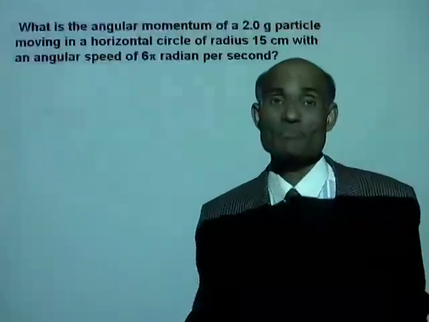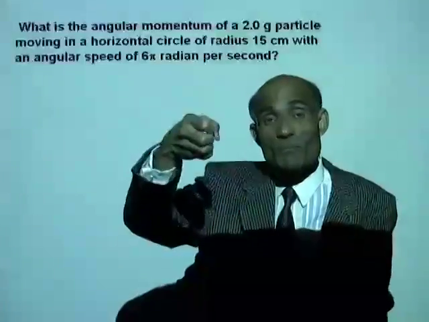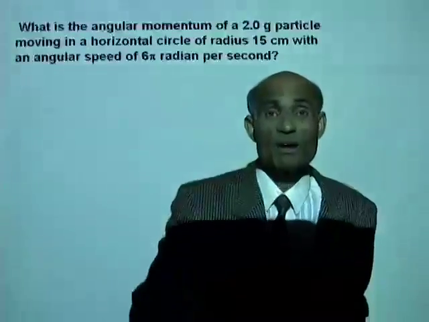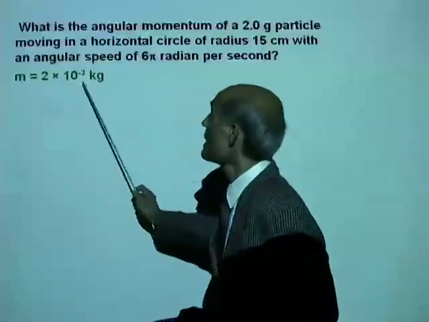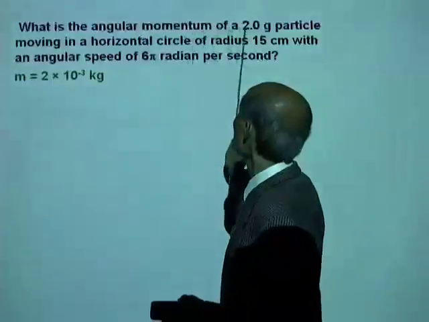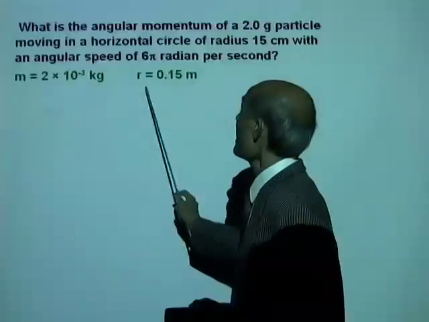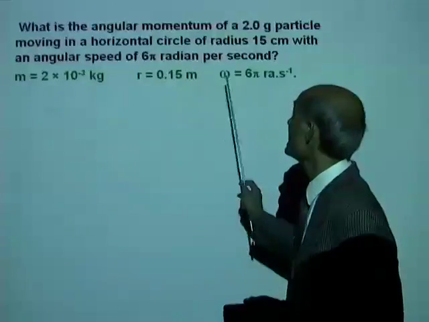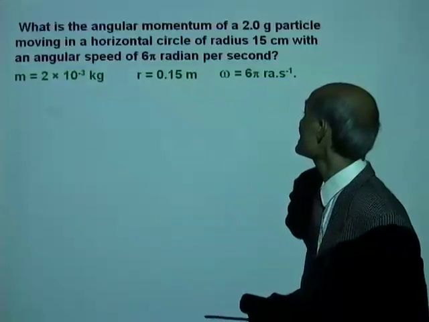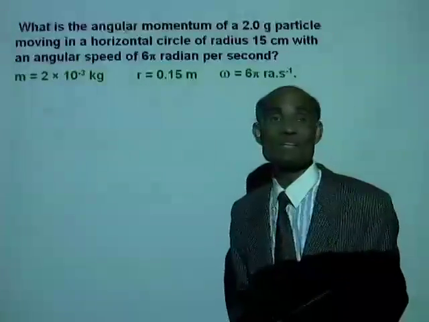Angular momentum is mvr. Well, we have the mass as 2 times 10 to the negative 3 kilogram, 2 gram. R, the radius, is 0.15 meter and omega is 6 pi radians per second.